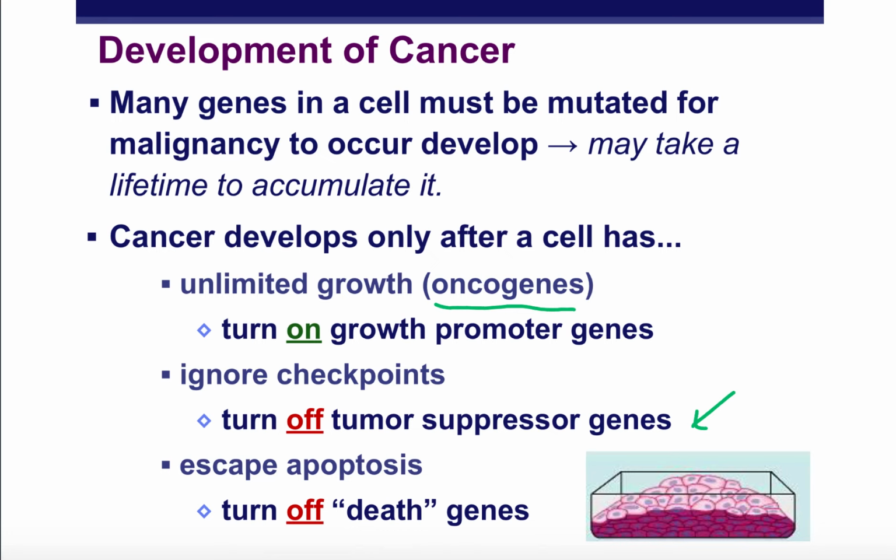And finally, you need to lose the ability to destroy dangerous cells, to lose apoptosis. When we talk about genes for checkpoints, it's the first two, but there are also genes within those checkpoints that help force apoptosis, meaning destruction of bad cells, to occur.